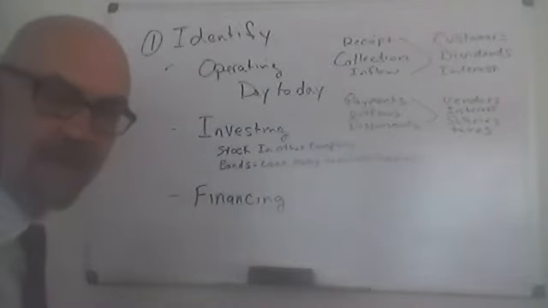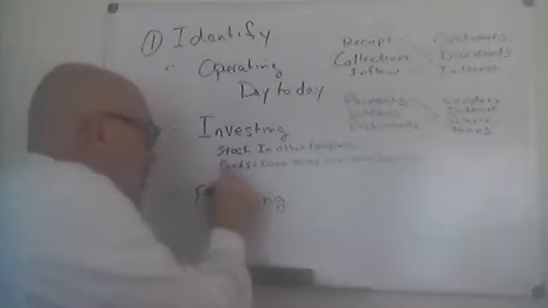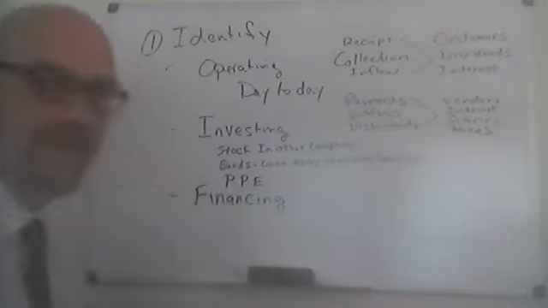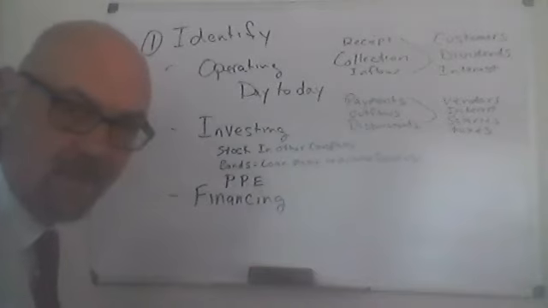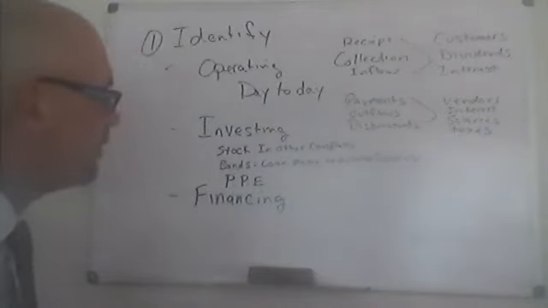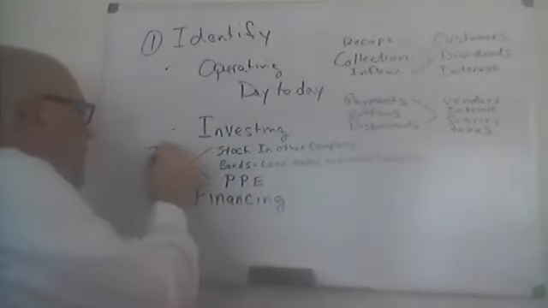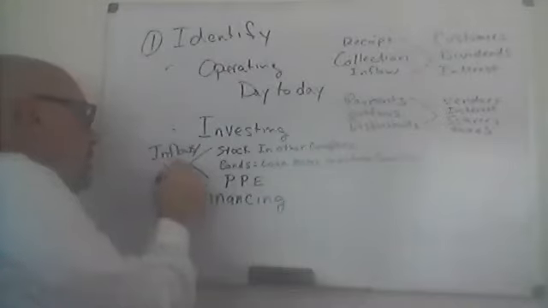Okay. And here's the major one that a lot of students forget about. Any transactions that involve PP&E is also an investing activity. All of these could be inflows or outflows.